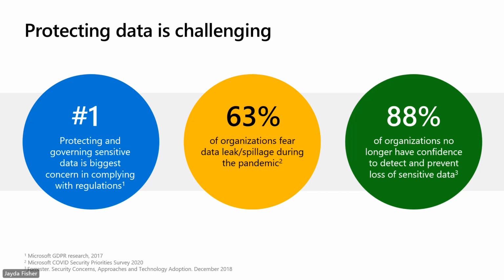So with that, 88% of organizations have no confidence that they can detect and prevent loss of their sensitive data. When you add that to our current climate of remote work and data being shared through non-corporate managed devices in non-corporate locations, the problem just continues. But today, I want to focus less on the problems and challenges and focus more on how we solve them.